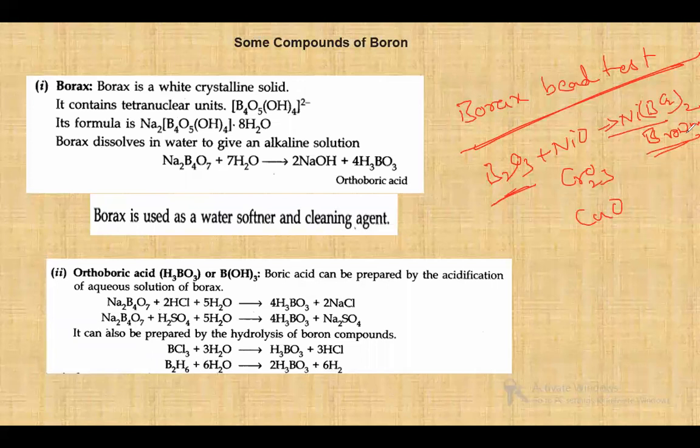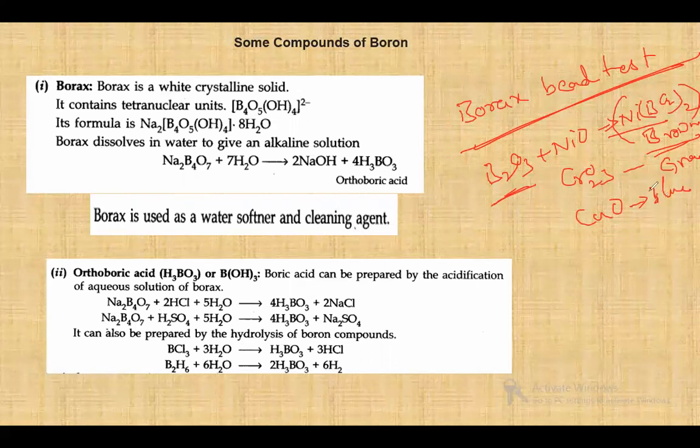So colored metaborates will be forming. This is the test we call the borax bead test. Characteristic colored beads, characteristic metaborates, will be forming: brown color. Chromium reacts with boric anhydride to form green chromium metaborate. Similarly, copper reacts with B2O3, which gives blue cupric metaborate.